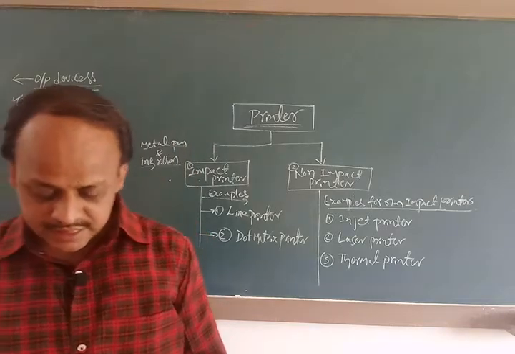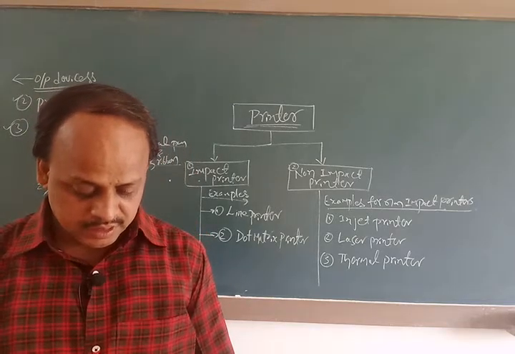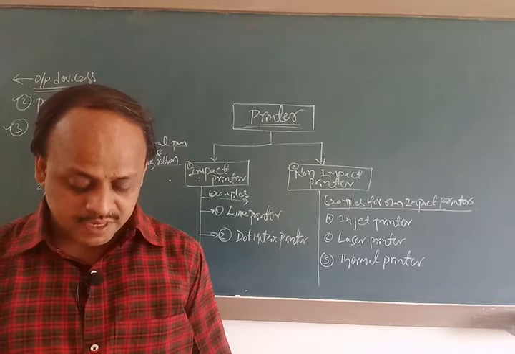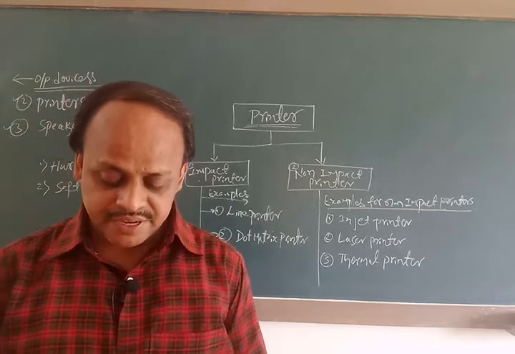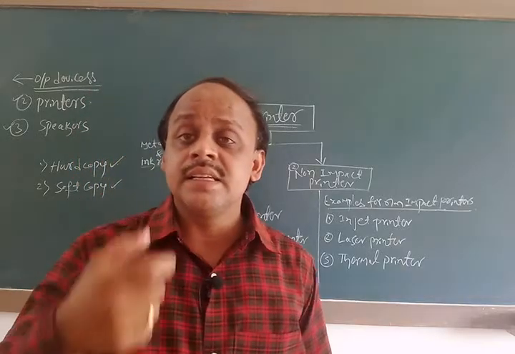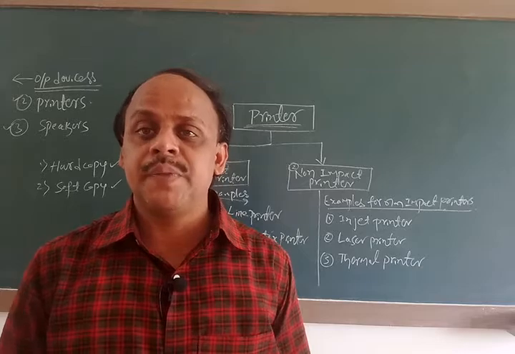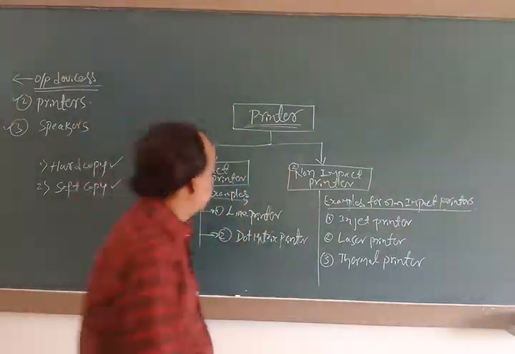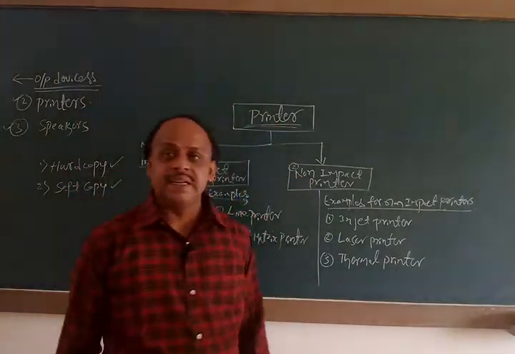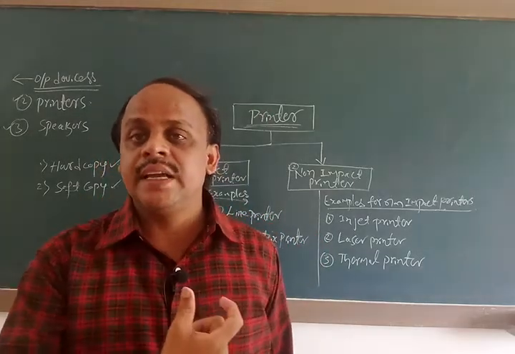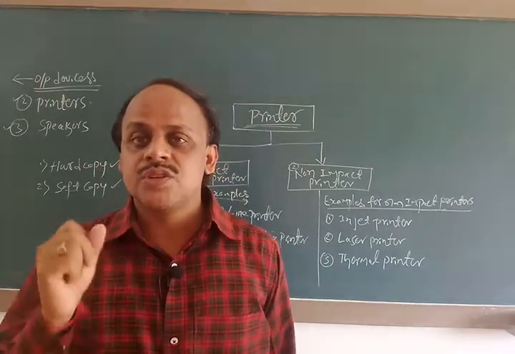And next he says that this non-impact printer is very fast and prints multiple colors, different fonts, and also prints different sizes of papers. Means this non-impact printer contains semi-solid ink. It does not contain any striking device.